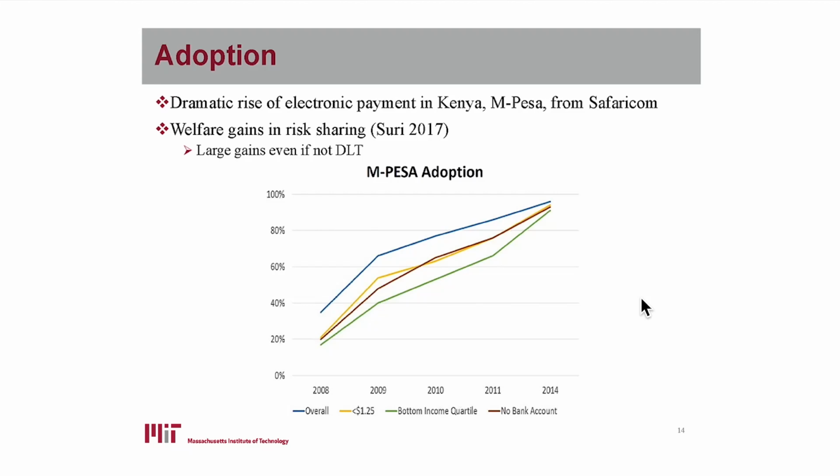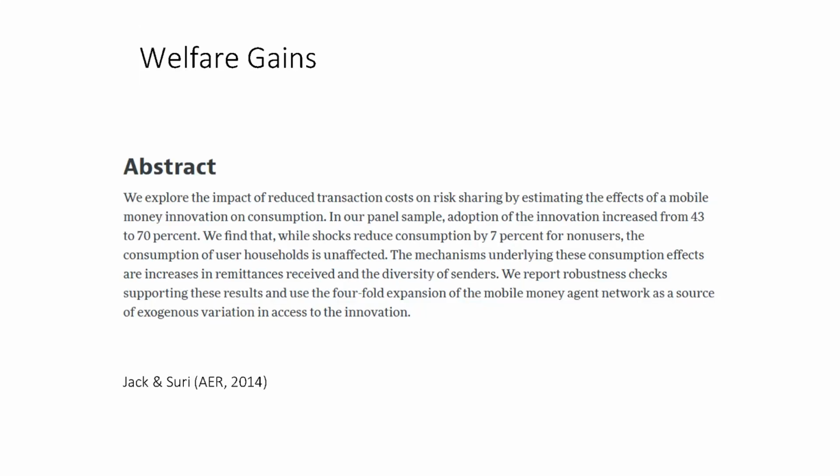We talked about risk sharing, and Tavneet and her co-author, Billy Jack, looked at how much consumption is being smoothed in Kenya, comparing households who have not yet gotten early on the M-Pesa expansion versus those that did. And there's a lot more smoother consumption, which you see these common themes.